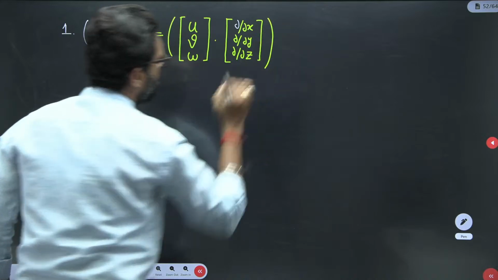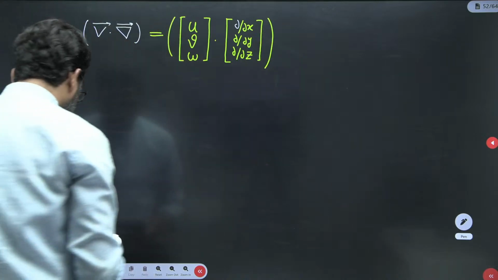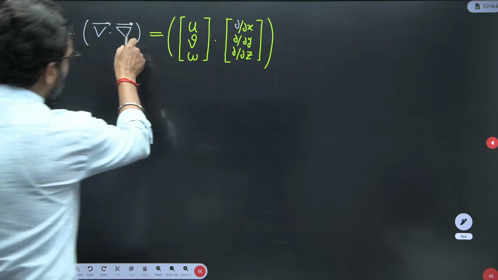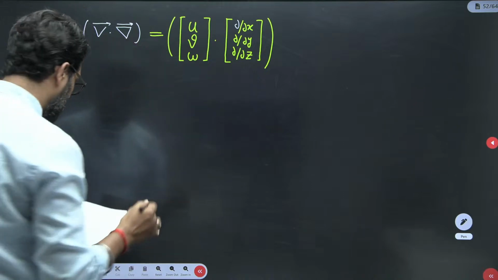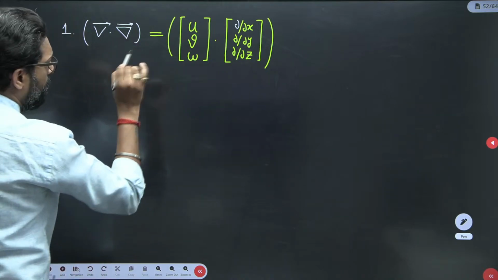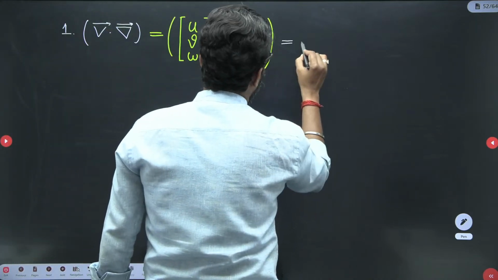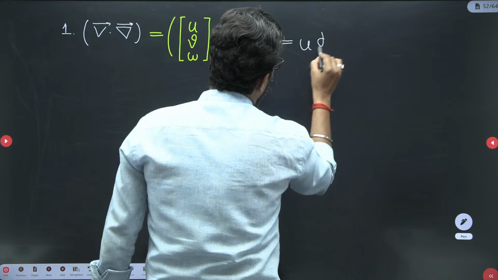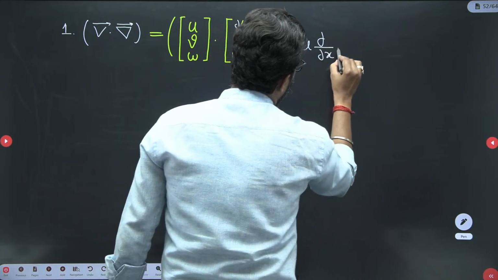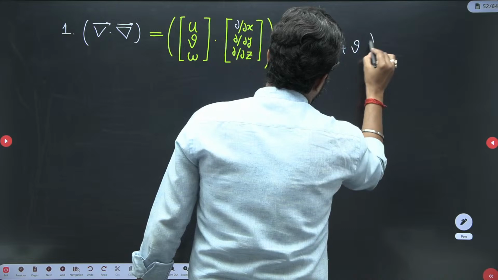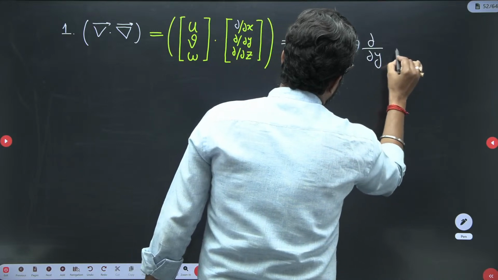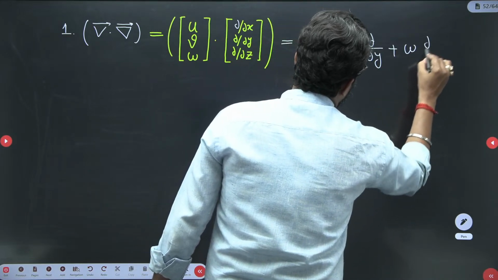Clear? Now, my dear, this is your vector, this is your vector. The product is a scalar. So if you solve this, you write u dou by dou x plus v dou by dou y plus omega dou by dou z.